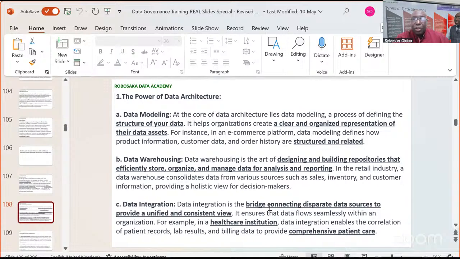Especially when you are doing ETL or ELT, if you get the data from a warehouse where it is well organized, you can easily do the data analysis. For example, in the retail industry, a data warehouse consolidates data from various sources such as sales, inventory, and customer information, providing a holistic view for decision making.